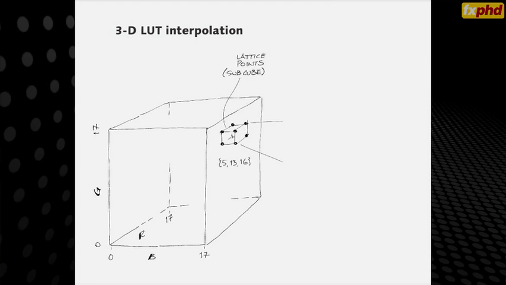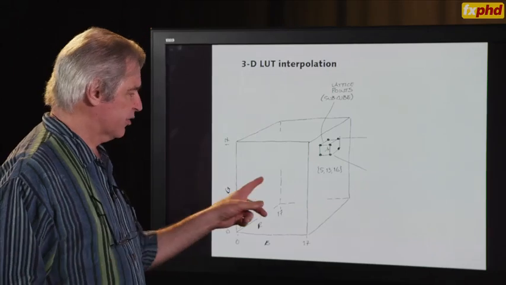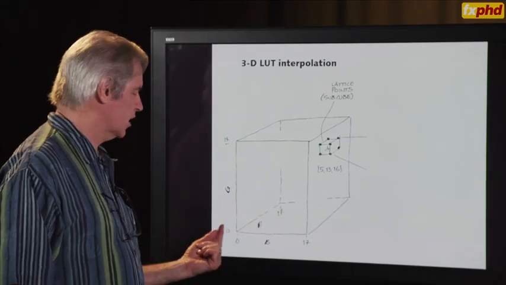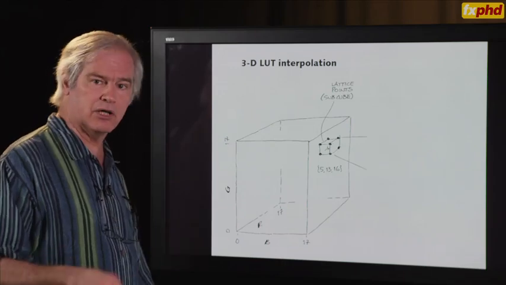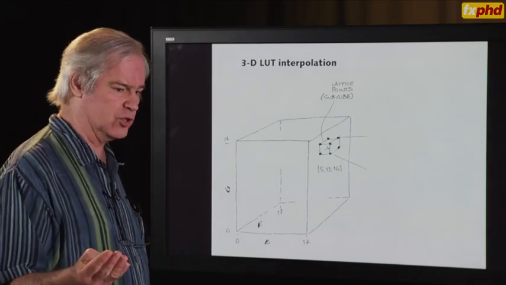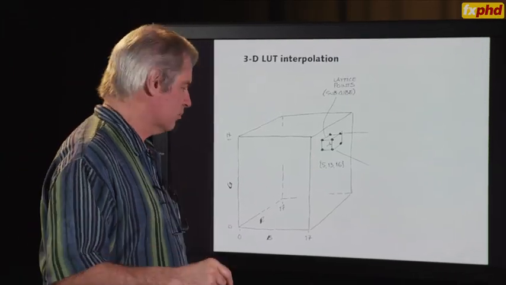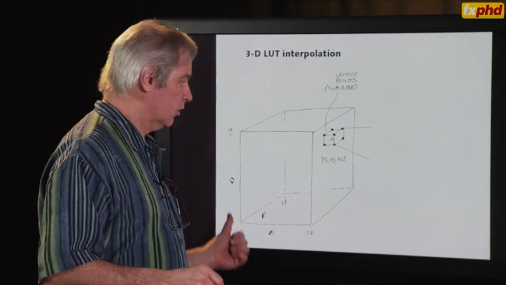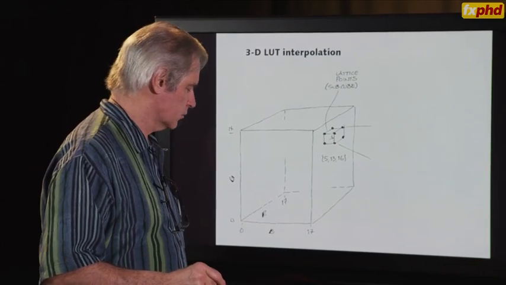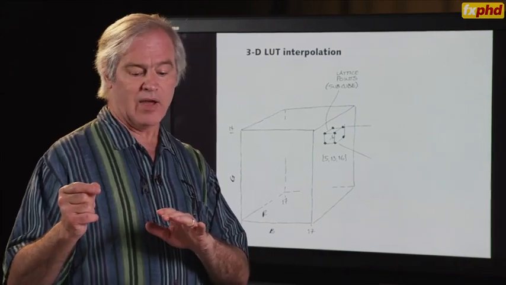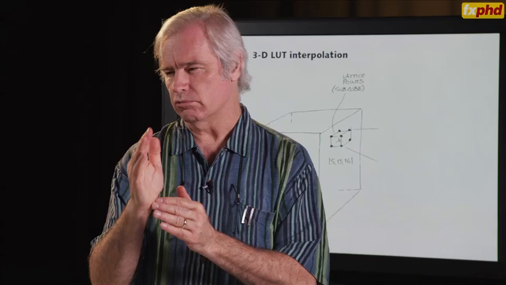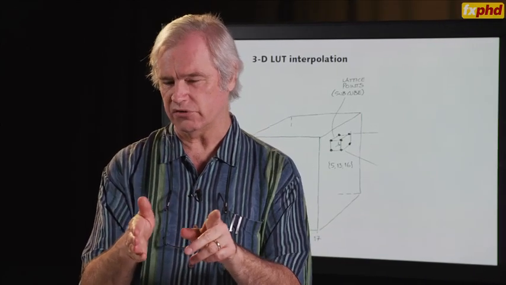Instead, a modest-sized LUT. And for this example, I'd like you to think of R, G, and B being only about 4 bits each. Now, some people think it would be convenient to use numbers running 0 to 16. And it doesn't really matter whether you run 0 to 15 or 0 to 16.